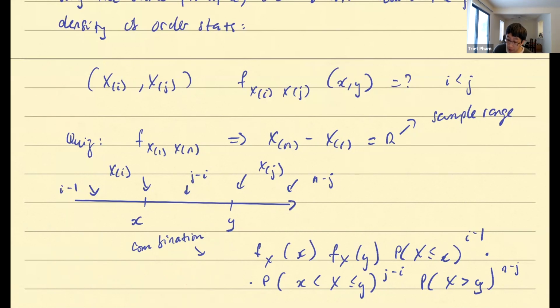But I want to tell you that it becomes a combinatoric statement. It's just a combinatoric statement where you have to see how many possibilities you can arrange. The probabilistic statement is very simple as far as I can tell: put a value on x, put a value on y, i minus 1 below, j minus i in between, n minus j above.